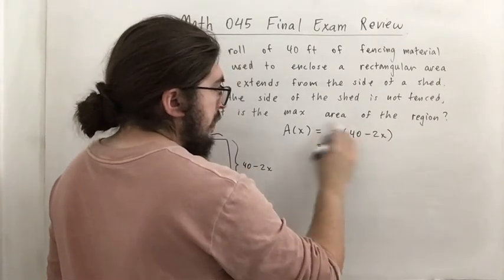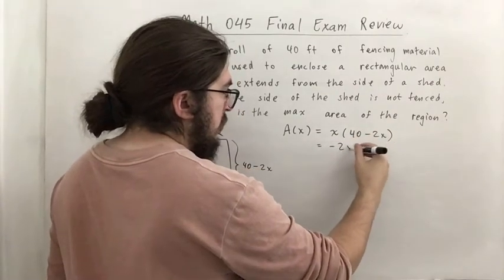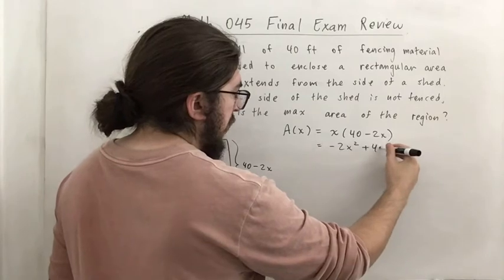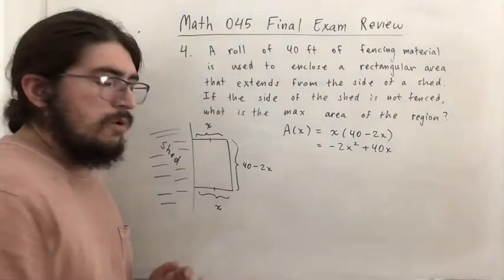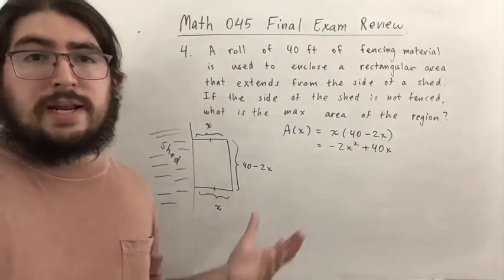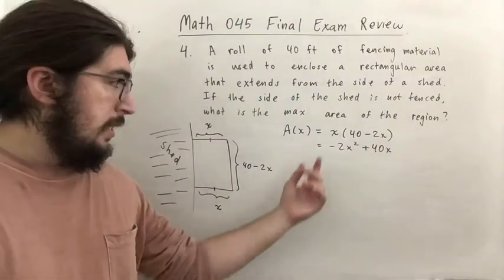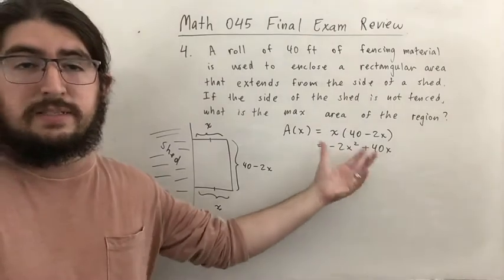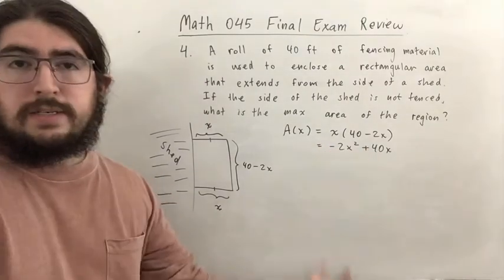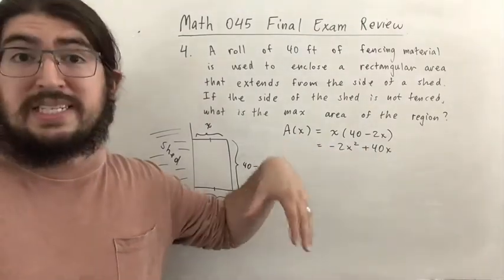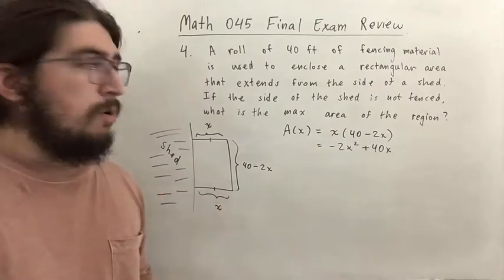Great. Now expanding out, we get negative 2x squared plus 40x. Of course, it rearranges so it's in descending order. And we notice that it is a quadratic equation. Now, quadratic equations have graphs that are parabolas. The graph of this equation will be a downward-facing parabola because of the negative leading coefficient.